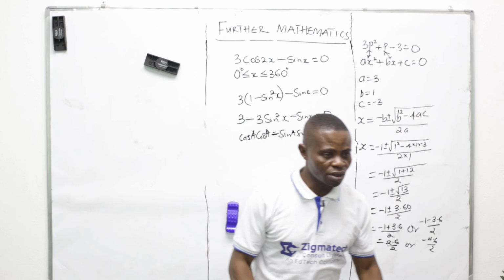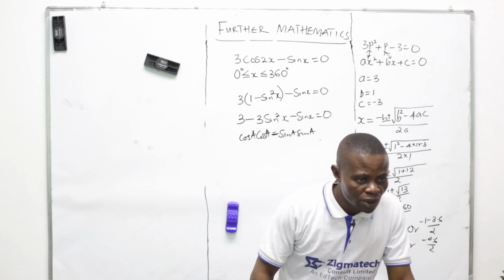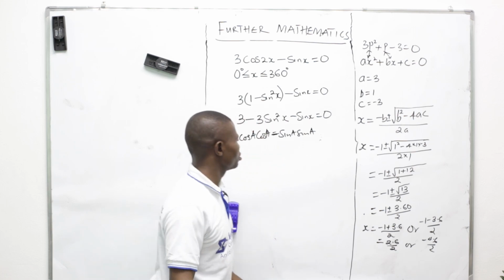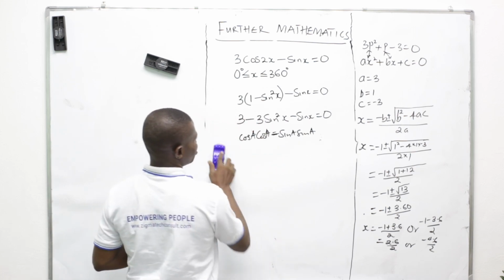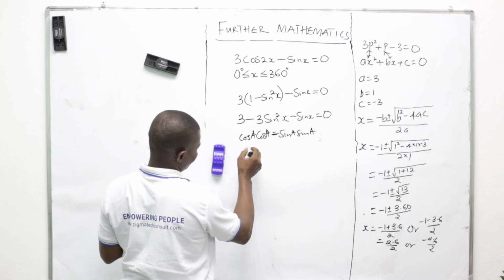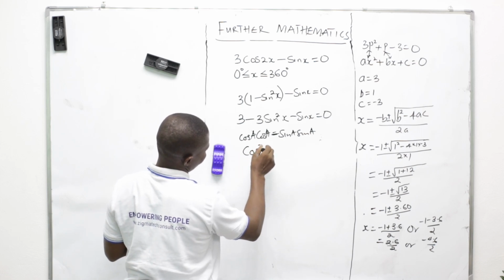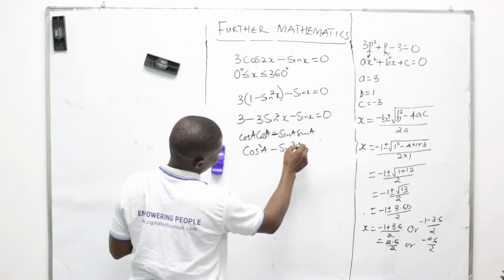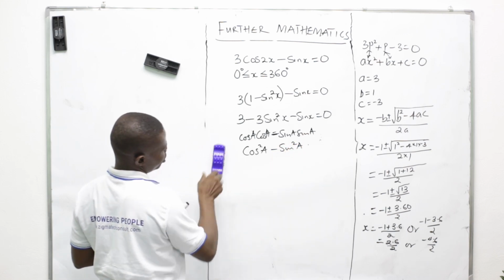Okay, look at the question again. 3 cos 2x. So we have cos square A minus sine square A from this expansion.